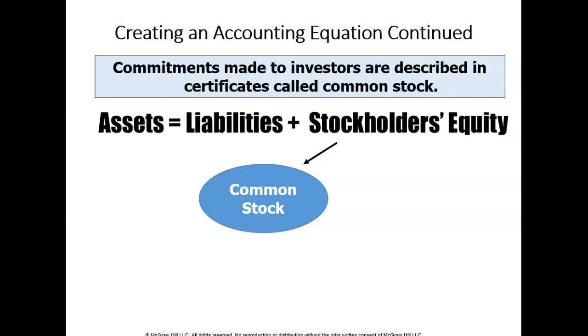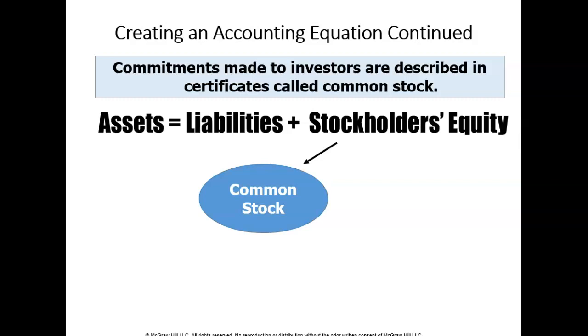Let's talk a little bit more in depth about stockholders' equity. There are two components that make up stockholders' equity. One section is called common stock. Let me ask you all a question. Do you own stock in any company? If you say yes, then guess what?